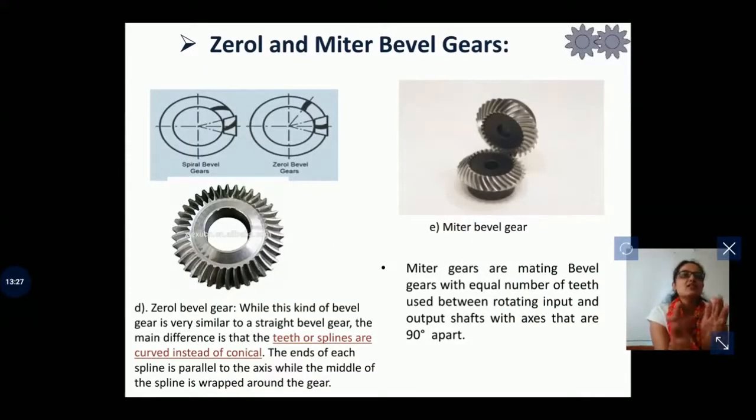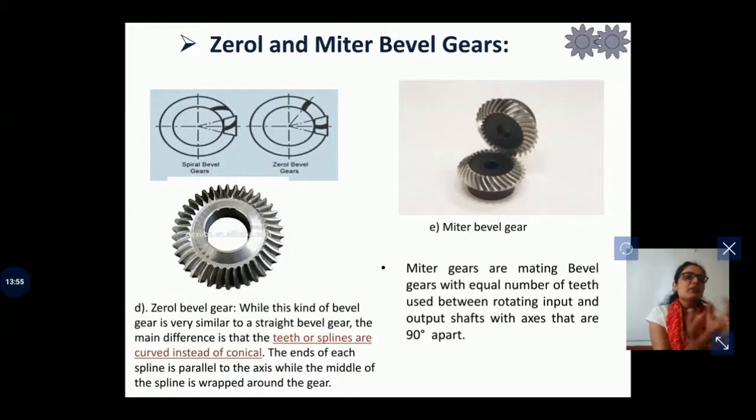Next is zerol bevel gear and mitre bevel gear. Now see, in case of zerol bevel gear, it is just like a straight bevel gear. The only change is that the teeth are curved instead of straight. So what happens in case of the zerol bevel gear? The teeth have some curve in the middle position, and at the ends they are parallel to the gear surface or parallel to the axis.